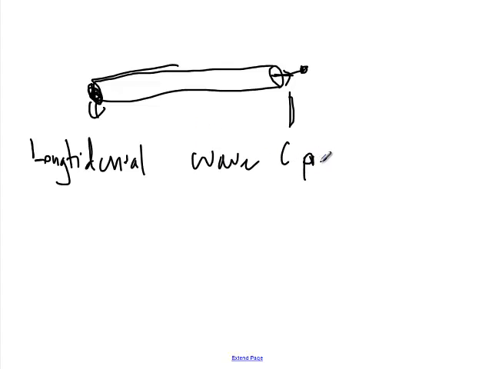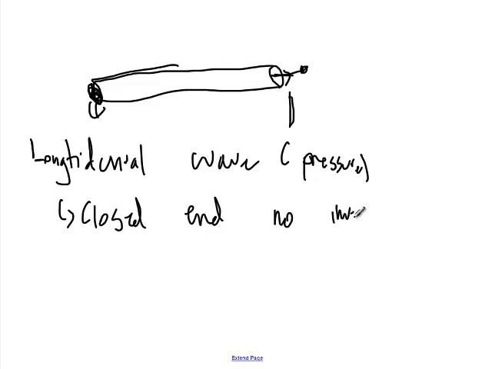But we got a wave function, and when you had this end closed, so this is a pressure wave or a longitudinal wave, because a sound wave is longitudinal, you got back exactly the sound that you started with, no inversion at all. So closed end, no inversion.